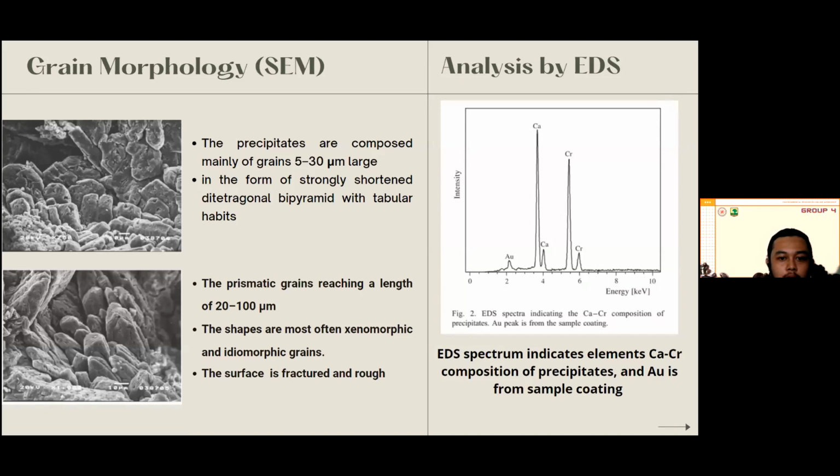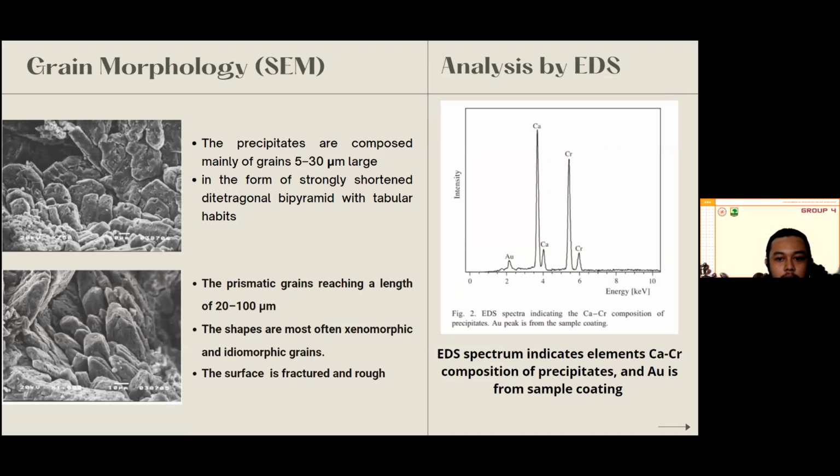And here, as we can see in the picture, the SEM observation indicates the precipitates are composed mainly of grains 5 to 30 micrometers large, in the form of strongly shortened tetragonal bipyramids with tabular habits. In the lower section, we can see prismatic grains reaching a length of 20 to 100 micrometers. Their shapes are most often xenomorphic and idiomorphic.